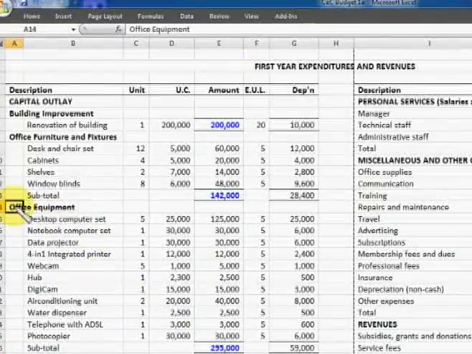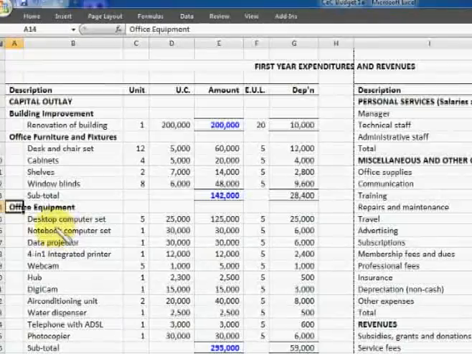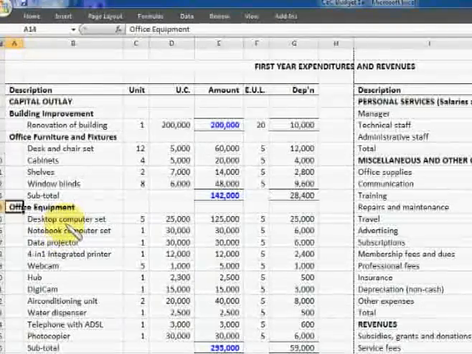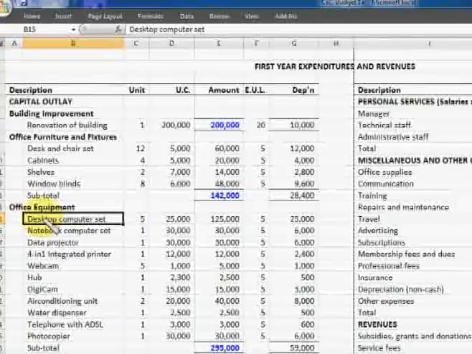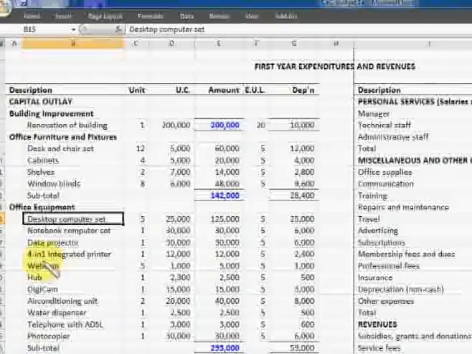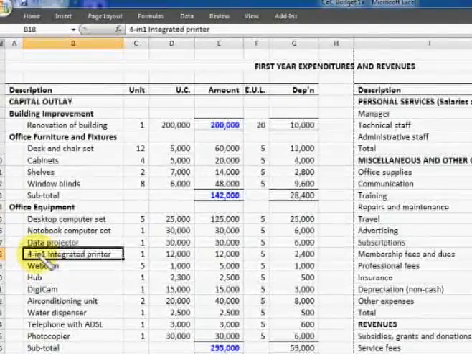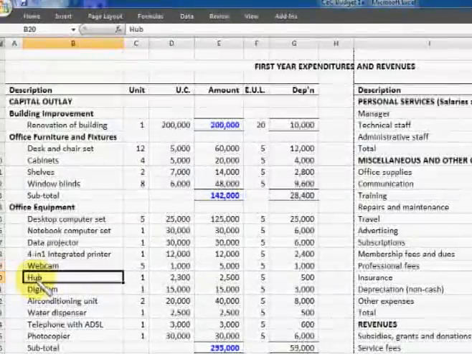The office equipment stated in this report include the three desktop computer sets provided as counterpart by the CICT, the 4-in-1 integrated printer, webcam, and hub.